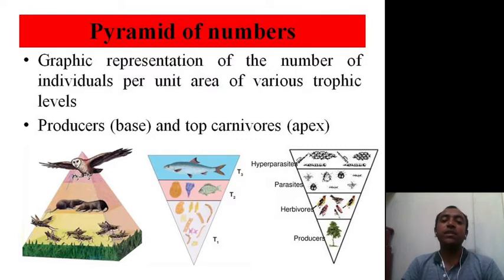Then on those birds there might be a lot of parasites, so their number is still higher than herbivores, and hyperparasites are still much larger in number. So in this particular case, the pyramid of number is inverted, whereas in an aquatic system, I'll leave it to you to work out how we reach this particular pyramid. So what you can understand from here is that the pyramid of number can be inverted or upright in nature.